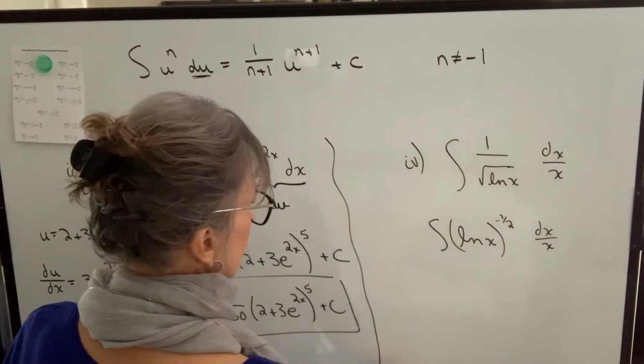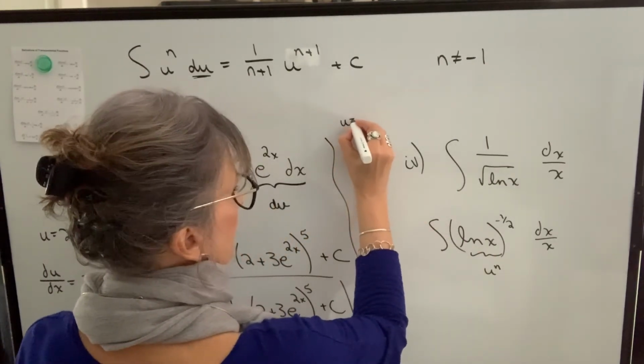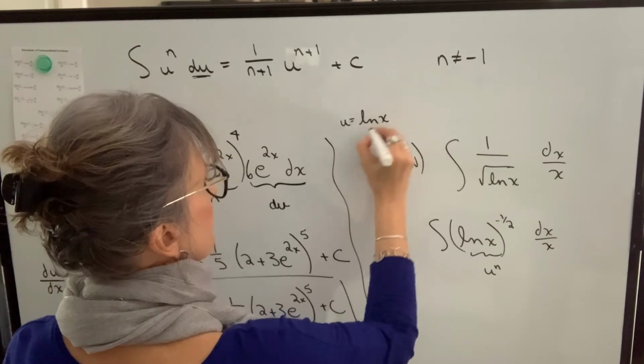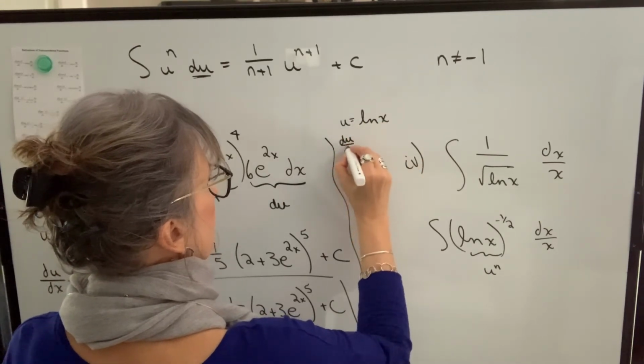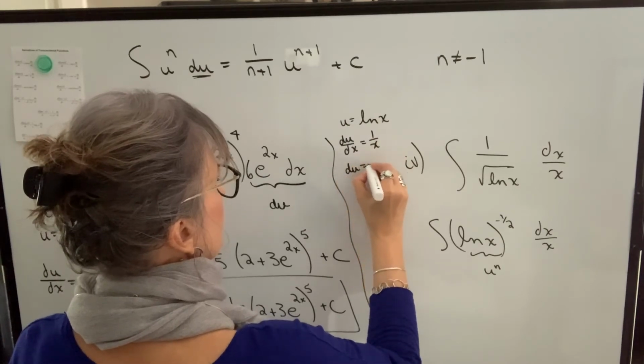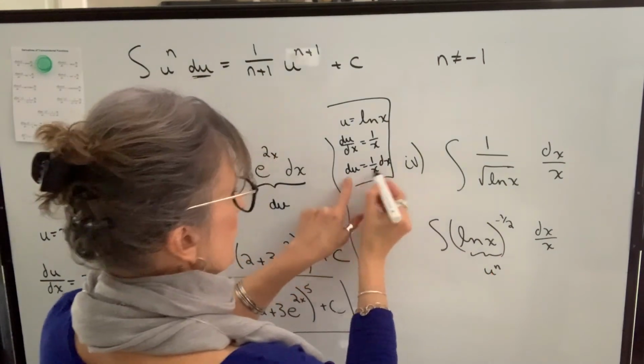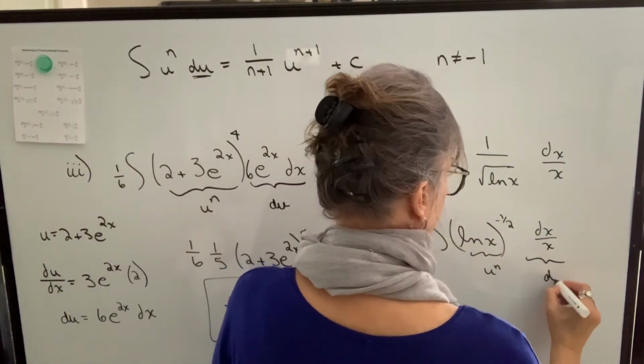In this case, here's my u to the n. So u is natural log of x. du dx is 1 over x. So du is 1 over x dx. Now you can see that we do have the du factor.